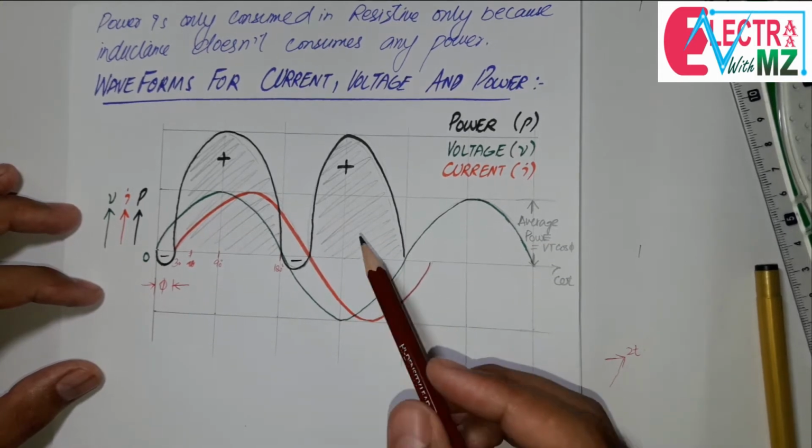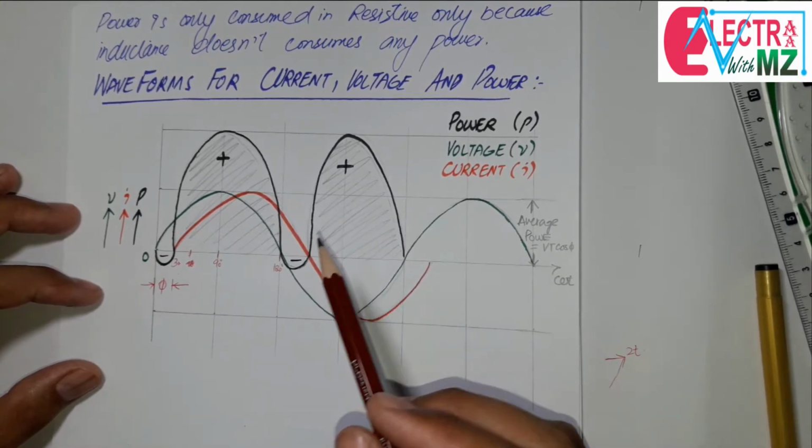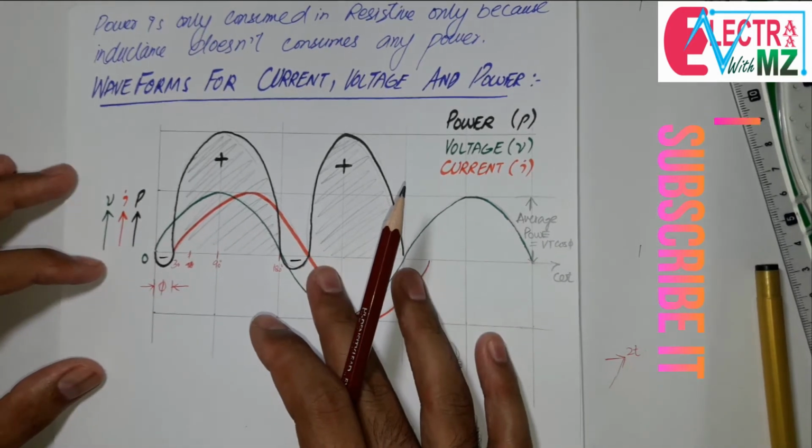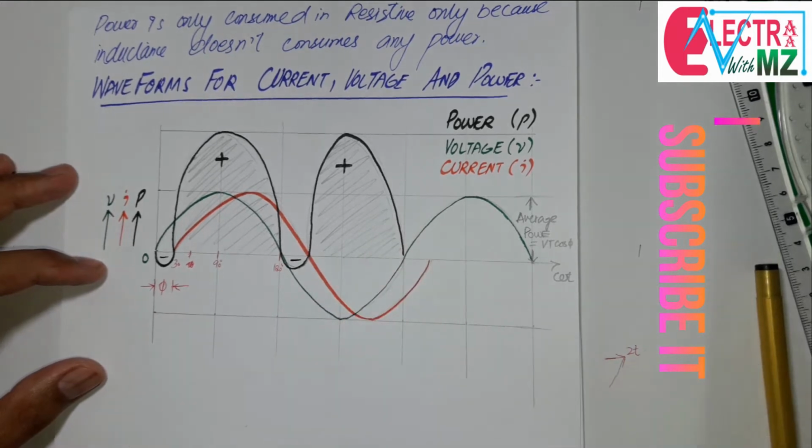And in the resistive AC circuit, or the behavior of the resistor in a series AC circuit, power is only consumed in it.